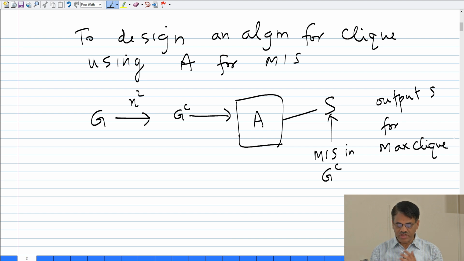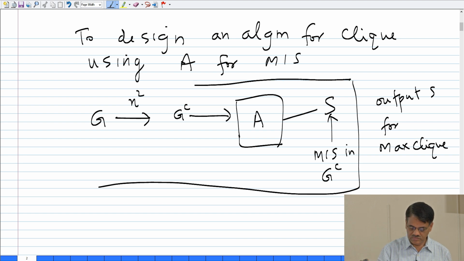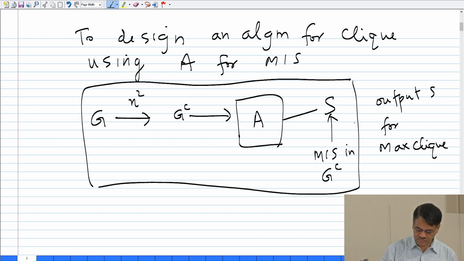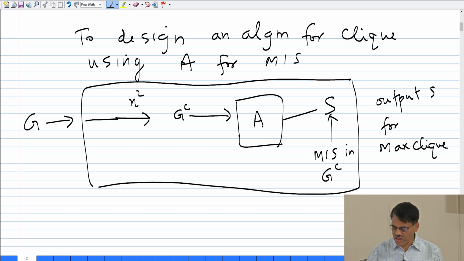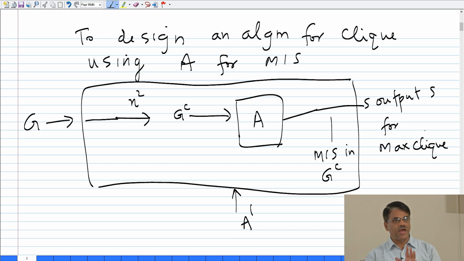So how much time? Let's call this entire algorithm A prime, which takes as input G and outputs S. This whole algorithm is an algorithm for the max clique problem, and it is using an algorithm for independent set as a subroutine.